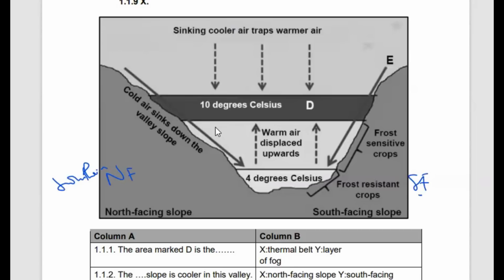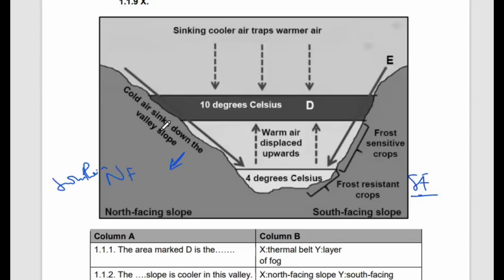So based on this argument of slope aspect, we understand that in the southern hemisphere, it is the north-facing slope which faces towards the direction of the sun, mainly in our winter season when the sun is low in the sky. So meaning to say it is this north-facing slope that receives insolation, and the south-facing slope is facing away from the direction of the sun in the southern hemisphere.